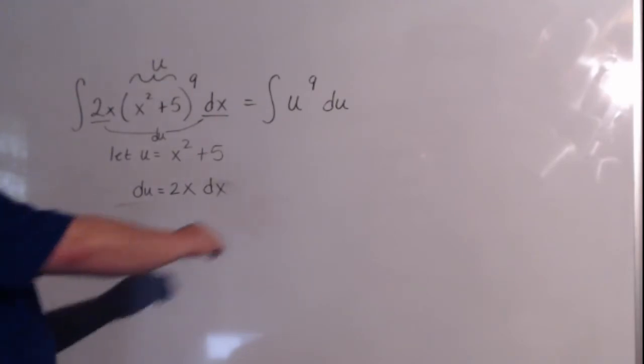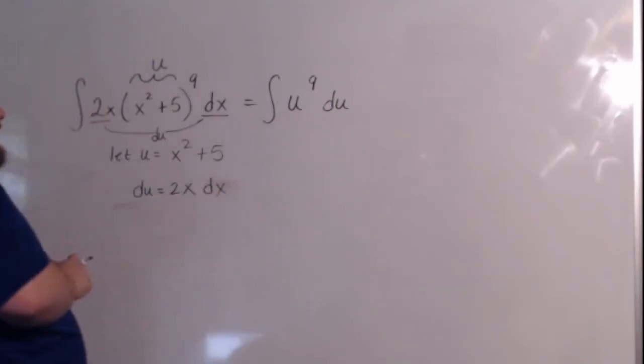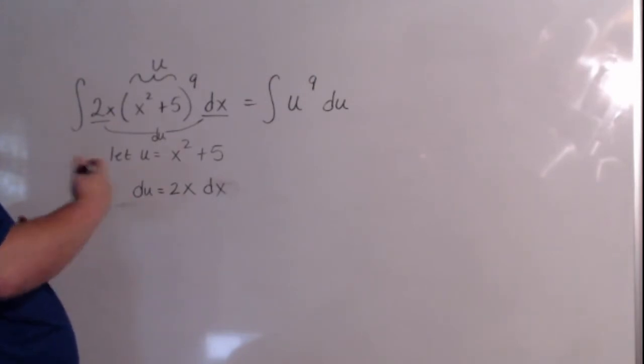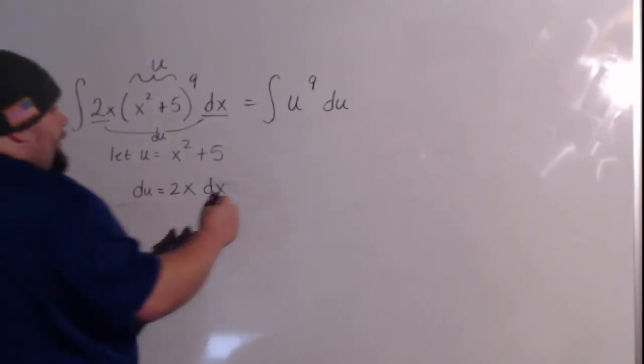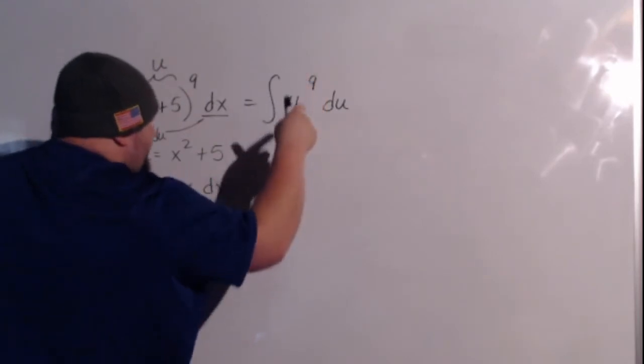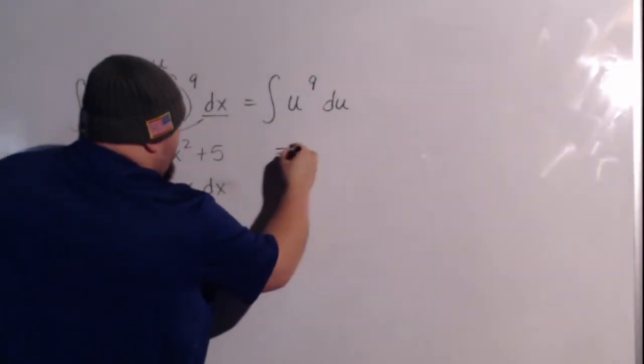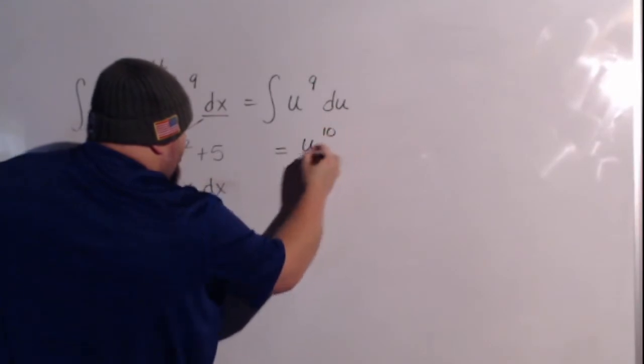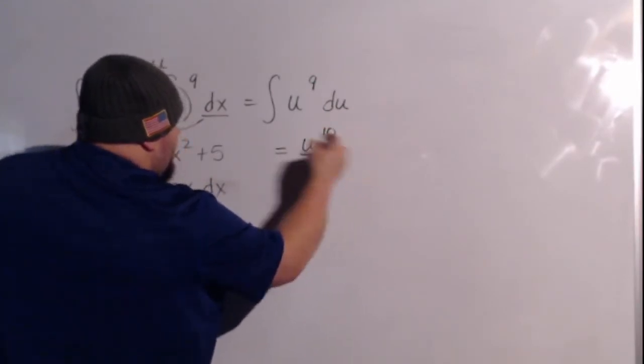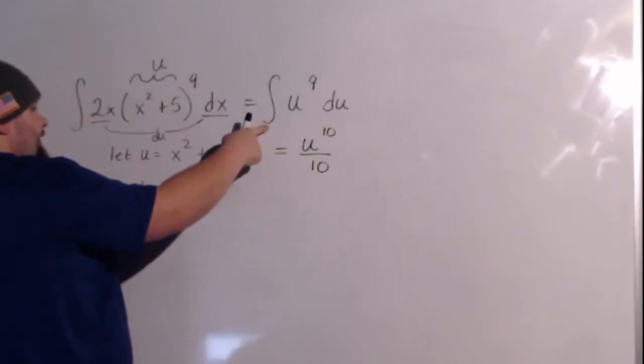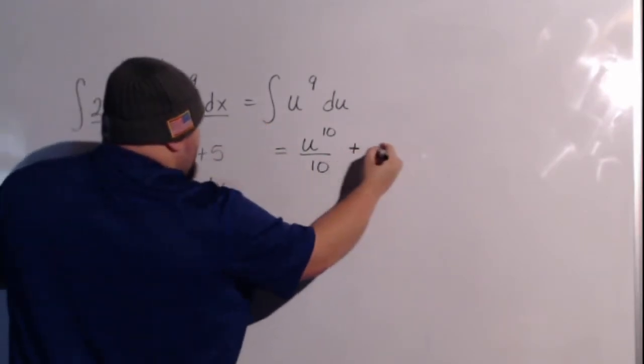So this is now one of those integrals that we see in our chart. It's the power rule for integration. We add 1 to the power and divide by that number. So this becomes u to the 10th over 10. Because it is indefinite, we need plus c.